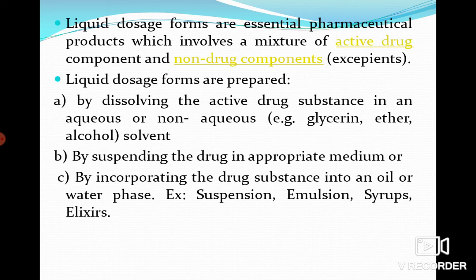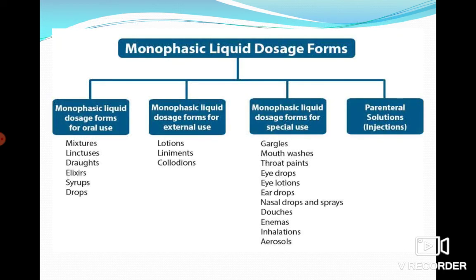So the liquid dosage forms may be a dispersed system or a solution. In a dispersed system there are two or more phases where one phase is distributed in another, whereas a solution refers to two or more substances mixed homogeneously. This flowchart shows monophasic liquid dosage forms and their types.